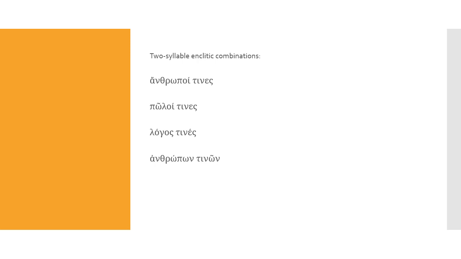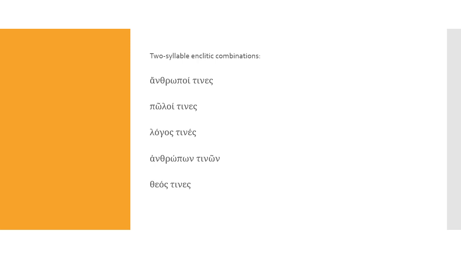If that second syllable of the enclitic is long, as in this example, anthropon tinon, of some people, genitive plural, so anthropon accents upon the middle omega, and then tinon accents on the second syllable, also an omega, it accents as a circumflex.